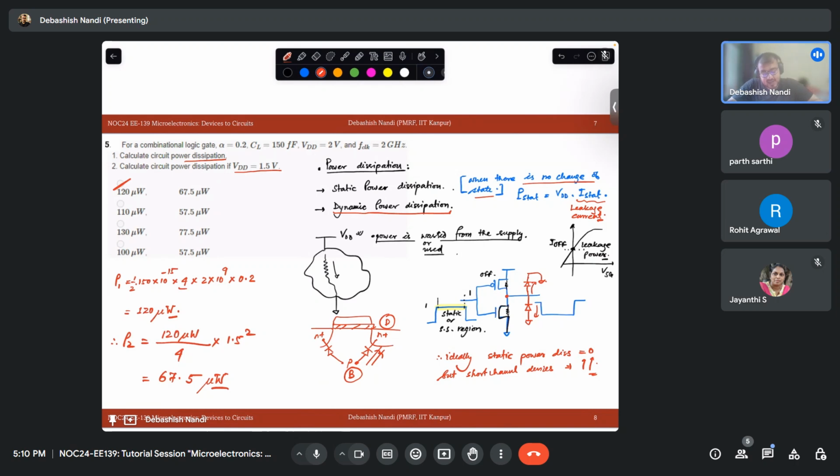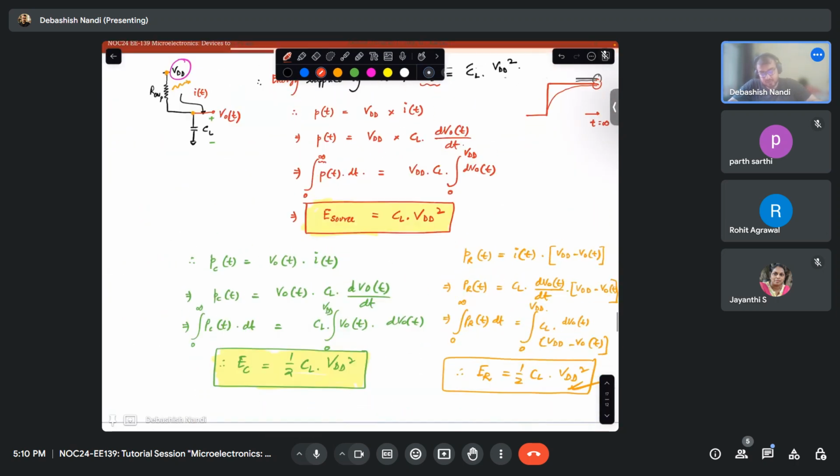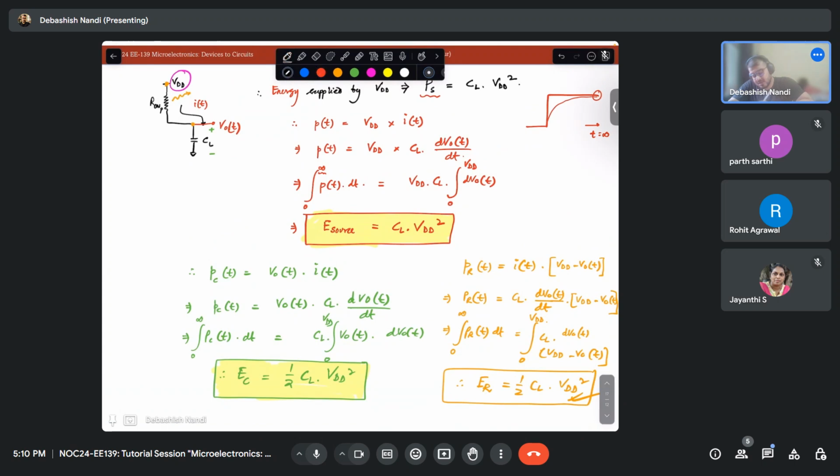So you see, this part is the detailed understanding which you require: what is the supplied power, what is being stored in the load capacitor, and what is being dissipated through the resistor. Everything you can calculate using the simple definitions.